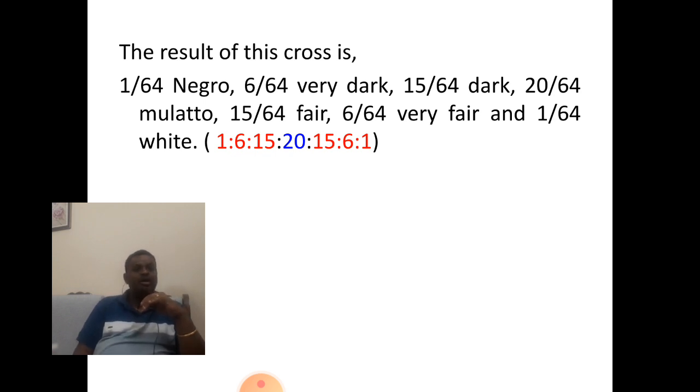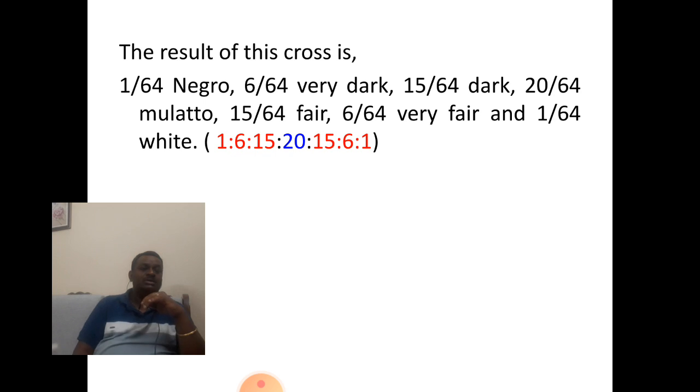Then 15 of the 64 will show dark skin complexion showing 4 dominant alleles, and 20 of 64 will show mulatto or intermediate skin color with 3 dominant alleles.